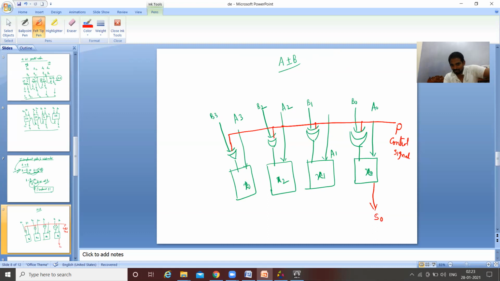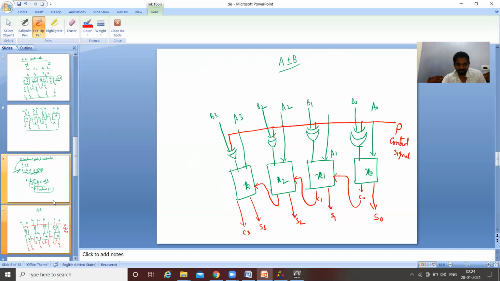This becomes S0 and C0. Now C0 is connected here, and again will result S1 and C1. Again C1 is connected back here. Here we'll get S2 and C2. C2 again connected here. We'll get again S3 and C3. Now observe here. Consider P is equal to 0.